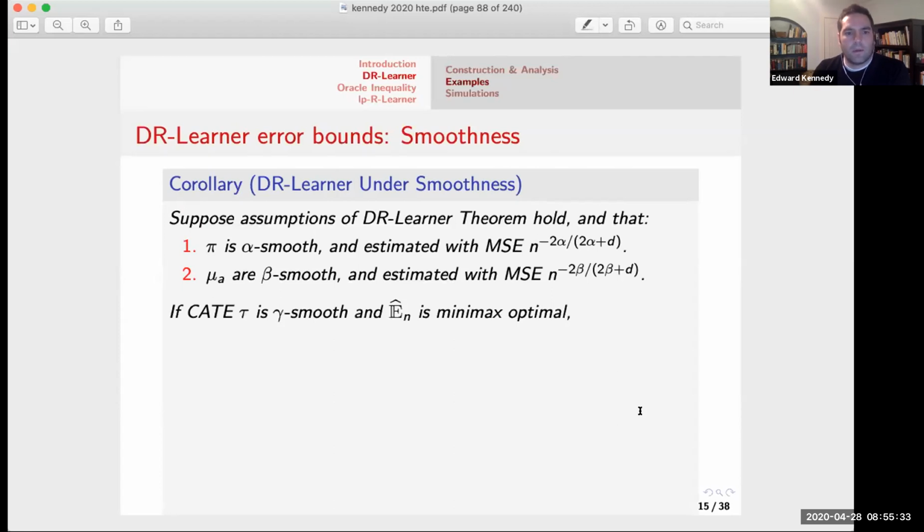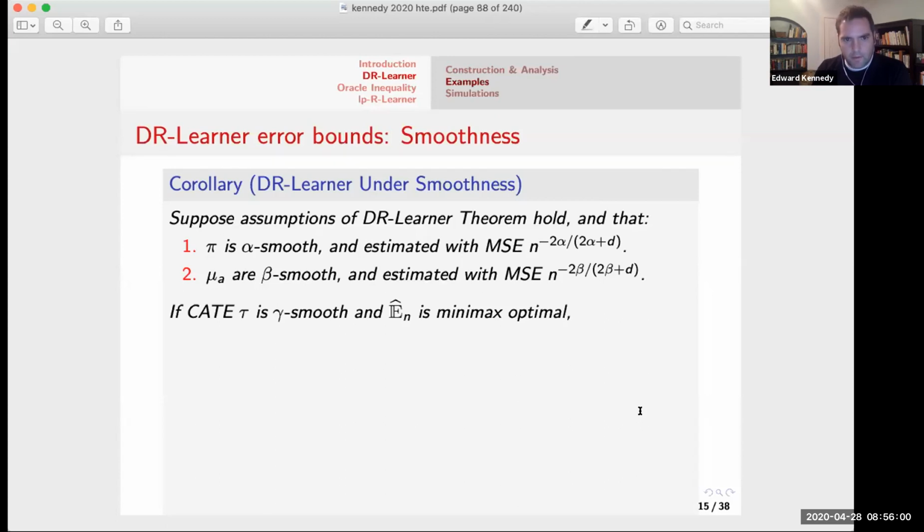And then we're going to think about the case where the CATE has its own smoothness, gamma. The setting you should think about here is where the CATE might be smoother than the regression functions. It can't be less smooth, so the difference has to be at least as smooth as the individual regressions, but it could possibly be much smoother. And then we also have this propensity score smoothness floating around.